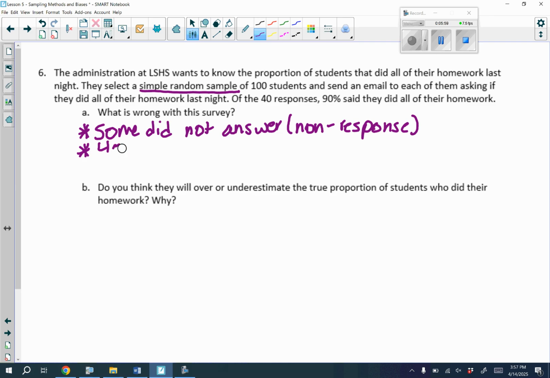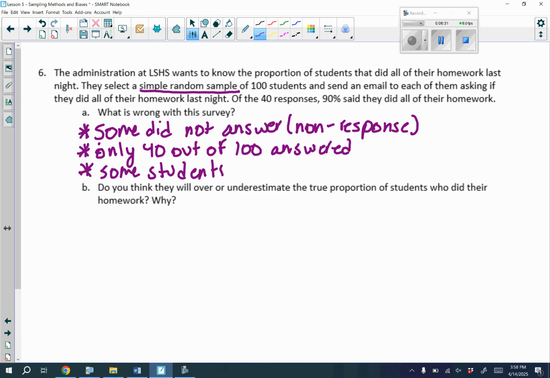That means our sample size could be small. Also, it is a possibility that those that did answer could be the ones that do their homework, or it is also possible that some students lied.